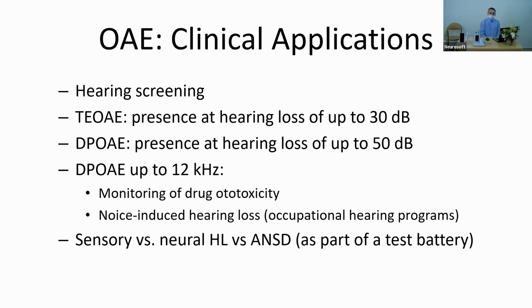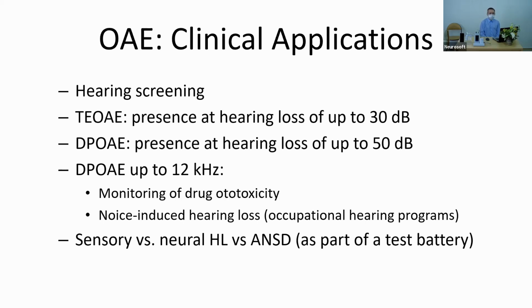And also another important application for DPOAE is when we test up to 12 kilohertz, higher frequencies. It can be used for two purposes: monitoring of drug ototoxicity and noise-induced hearing loss, which is especially important for occupational hearing preservation programs, for example, in some noisy industries.